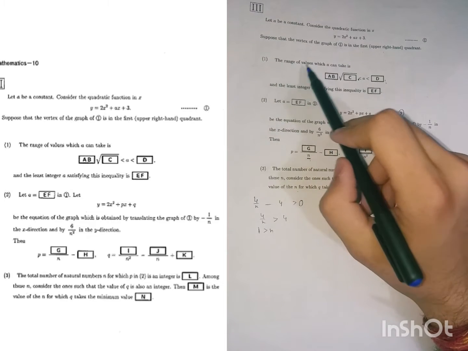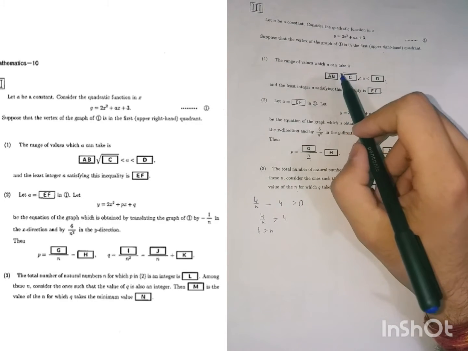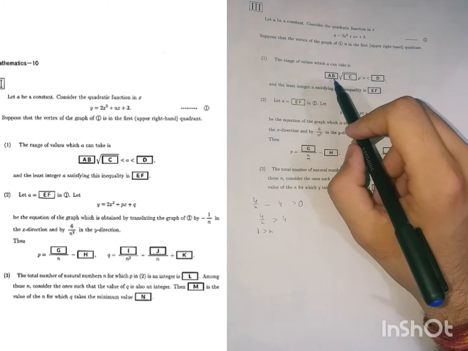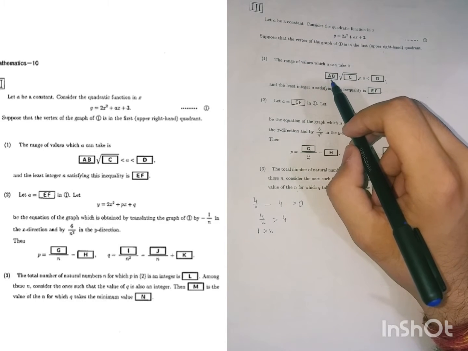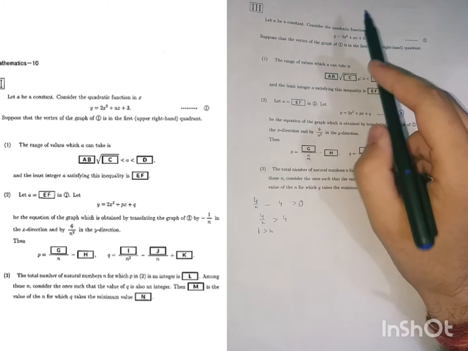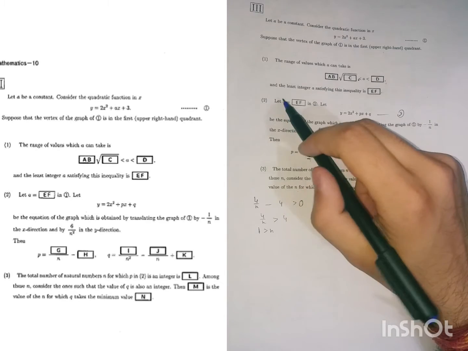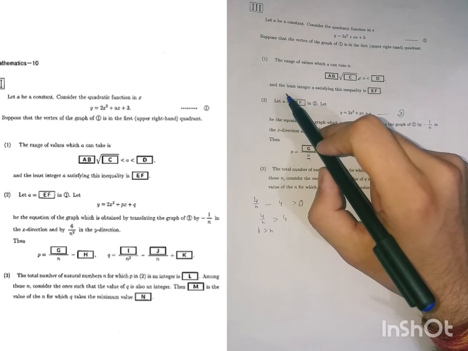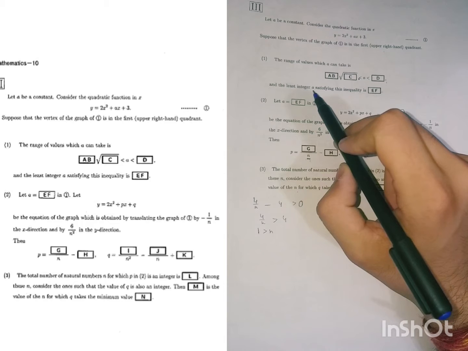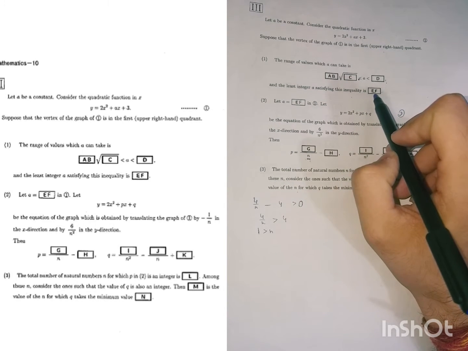So the range of the values a can take is, so here we have to find the range of a. For finding the range of a, we need to find the discriminant of this equation. So we'll find the discriminant of this equation. And the least integer a satisfying the inequality is EF.